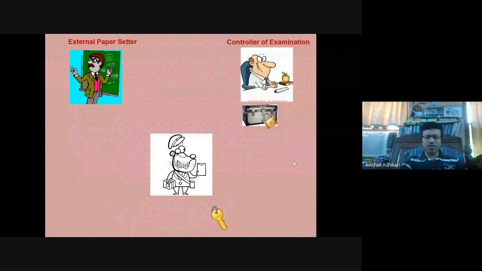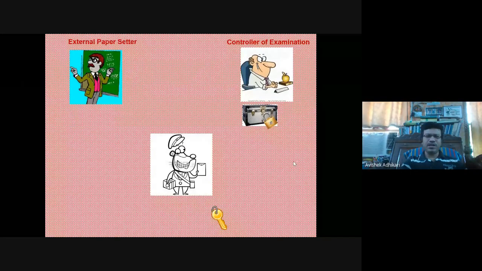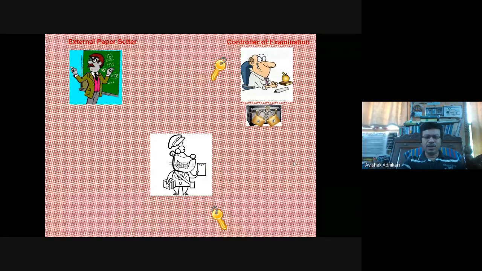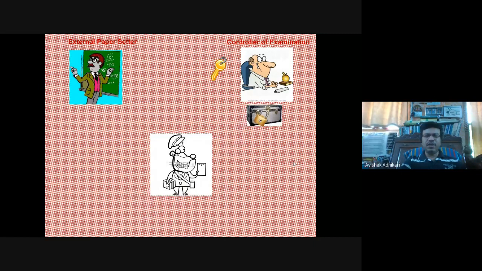Now the controller of examination will think that it comes from the external paper setter. He is very happy. He will put the lock on that box, keep the key with him, and send it on. Now the postman has already seen the question paper, and he has the lock with him, so he will just open it and send it again. The controller will think it's the final round of the protocol and open it to get the question paper.